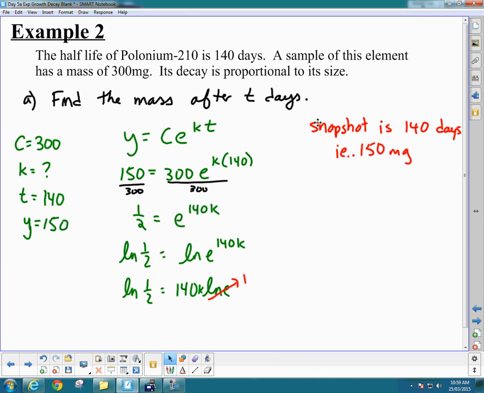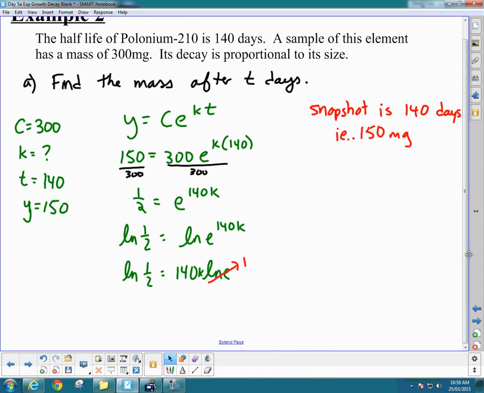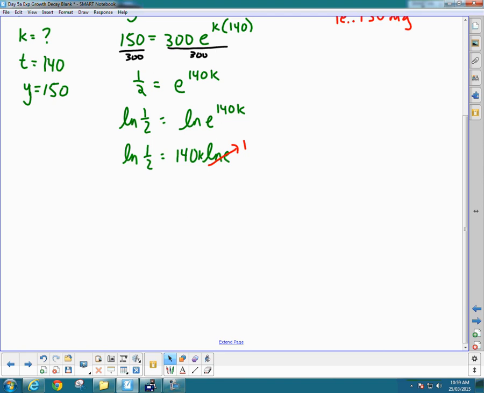Ln e is 1, so we're left just with 140K. We'll divide that: ln a half divided by 140 equals K, or the way we like to write it, 1/140th ln 1/2 equals K.